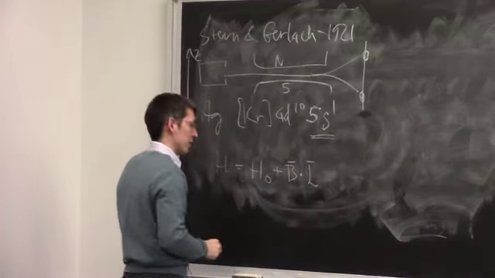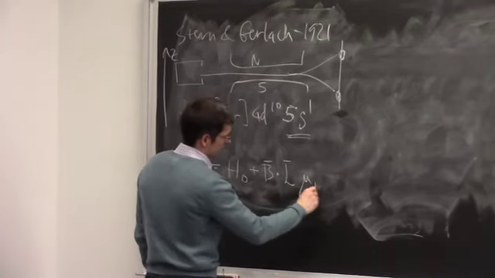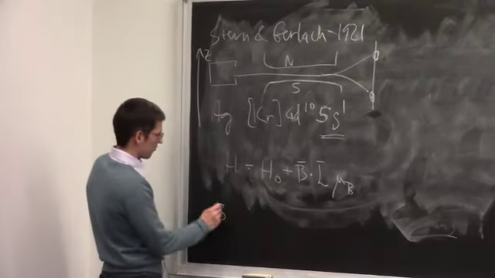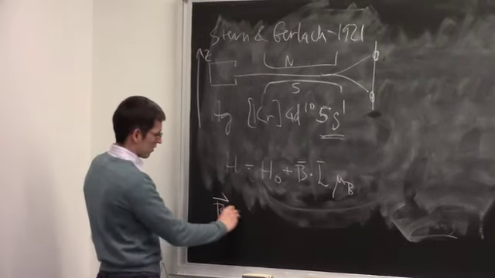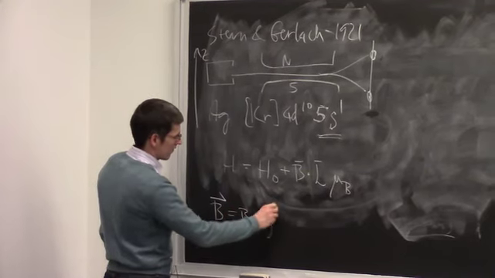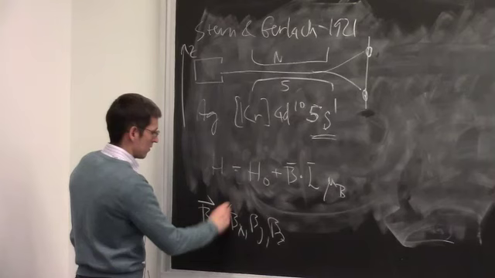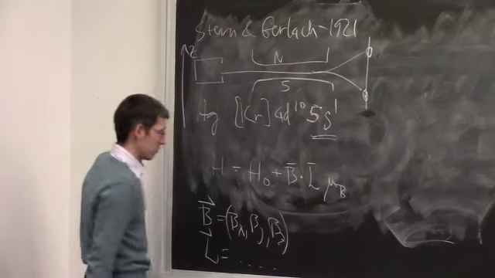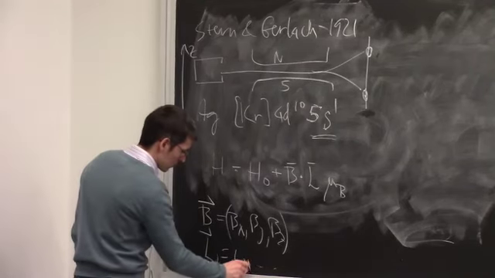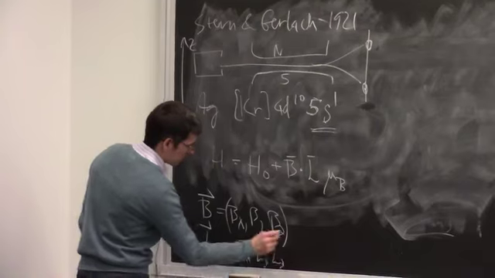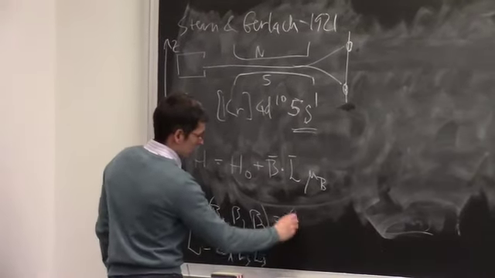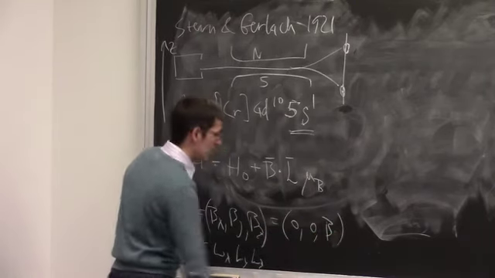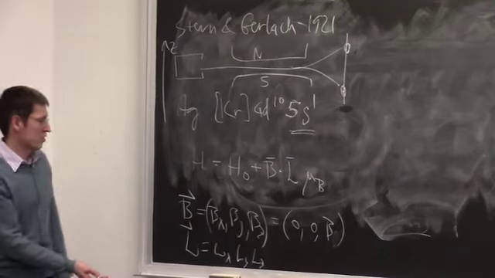So both are vector operators, and there was a so-called Bohr magneton. That's just a constant. Now if you have two vectors, B, which is Bx, By, Bz, and L that has also Lx, Ly, Lz, then the magnetic field they used essentially was 0, 0, Bz, which I'll just call B, constant magnetic field in z direction.